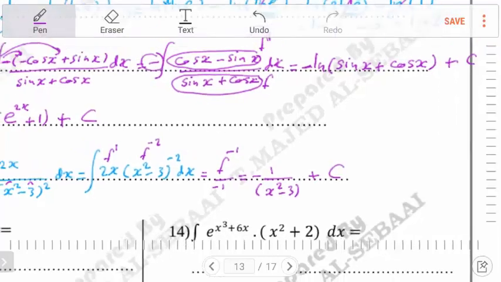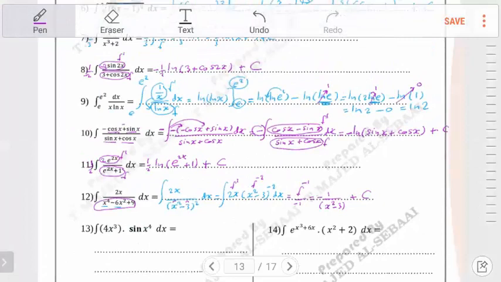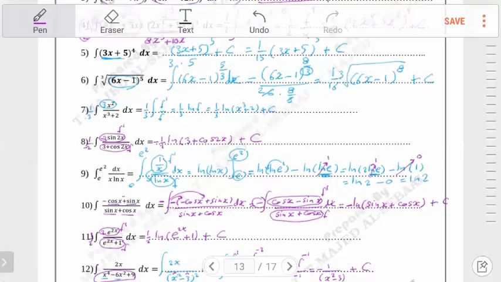What do I want to say here? Whenever you have a function and its differentiation, you directly think of rule number 1 or rule number 2.